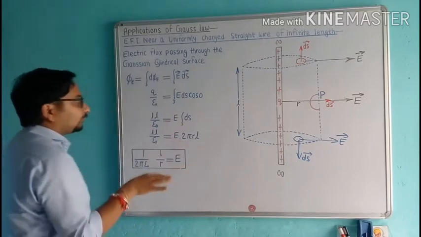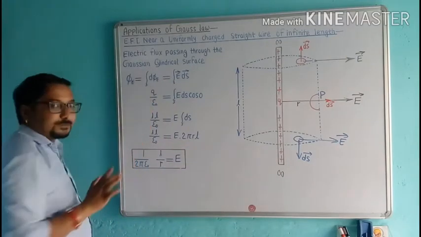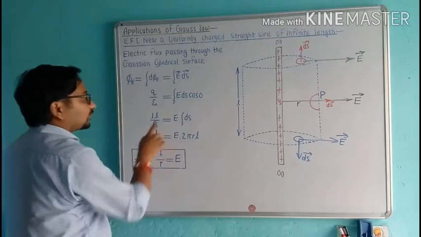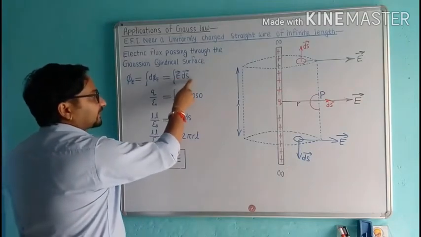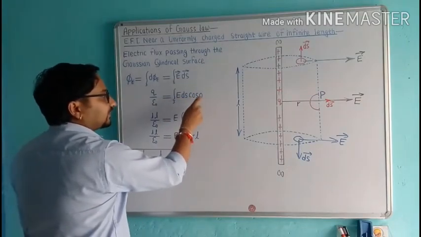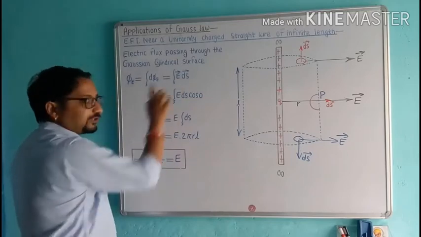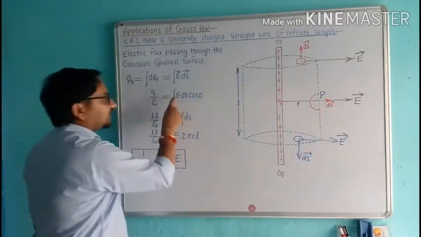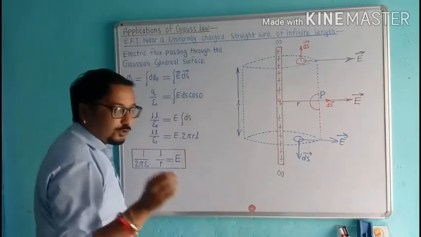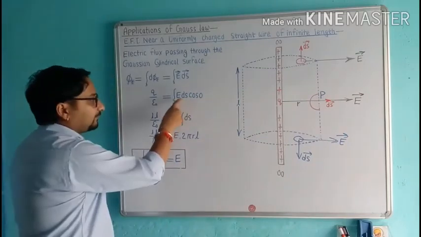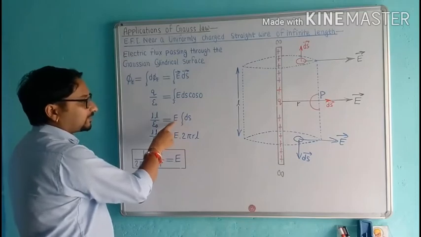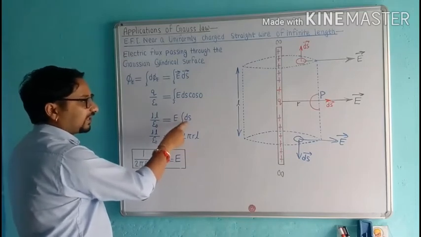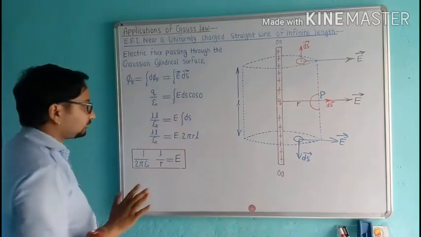Now we know that phi E is equal to q upon epsilon naught from Gauss theorem. Now E dot ds means E ds cos theta. Using the dot product, since E and ds both are parallel to each other, that means E ds cos 0, and the value of cos 0 is 1. So we have E comes outside, the surface integration of ds.